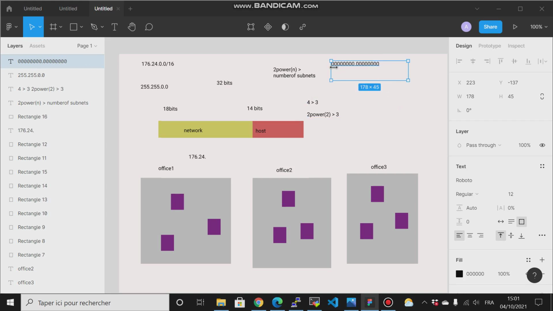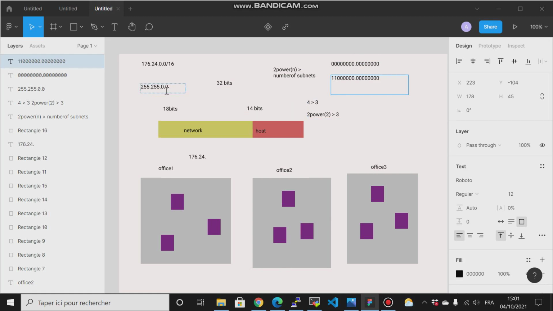And then we have to take how many bits? 2 bits here, and these 2 bits I have to convert them to 1 1, right?